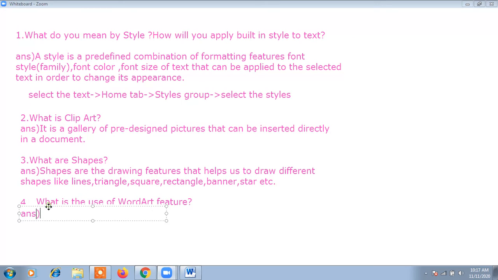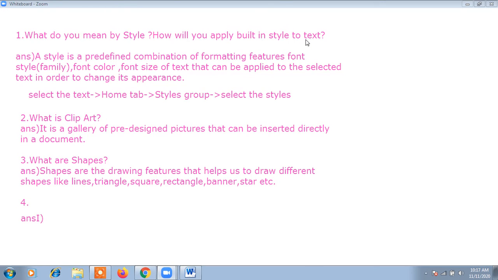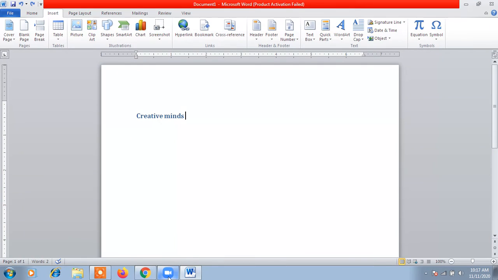So what is the use of WordArt? WordArt is used to create the special effect.